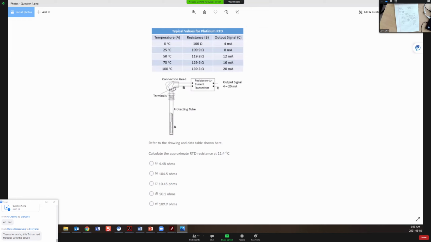Okay, so refer to the drawing that shows: calculate the resistance at 11.4 degrees. Because 11.4 is somewhere between 0 and 25, I will just take those two numbers to do the calculation.